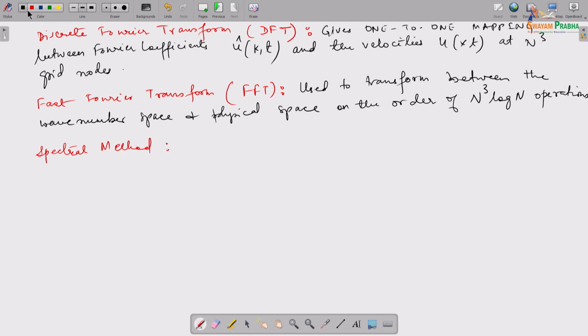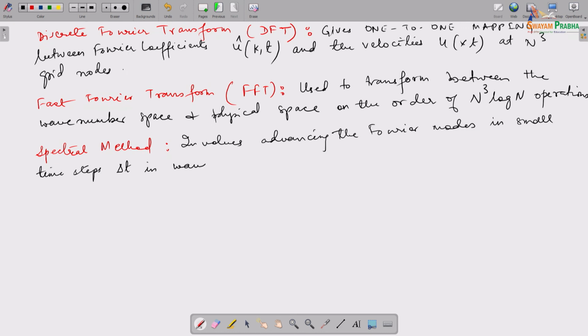We advance them that way, so that is the unsteady analysis.